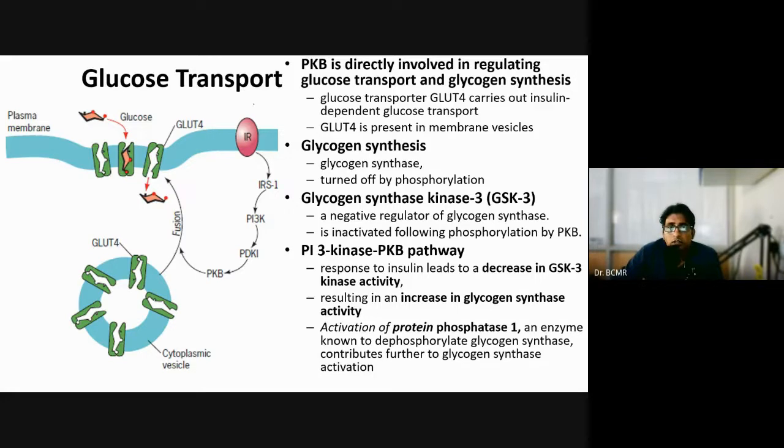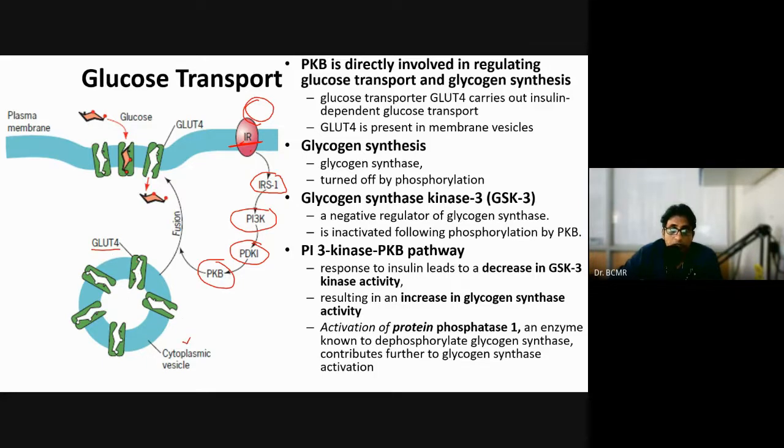This is the insulin receptor, that is where insulin would have bound. If insulin is bound, it will activate insulin receptor substrate 1. This is from Karp, I hope you have read it in your cell biology. It will stimulate PI3 kinase, which will stimulate PDK1, PKB, and then PKB will mediate something else, that is GLUT4 containing vesicles.